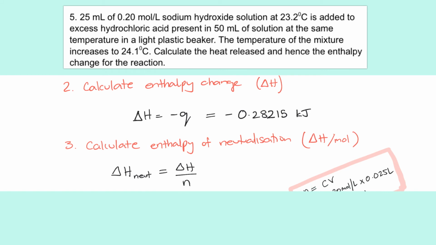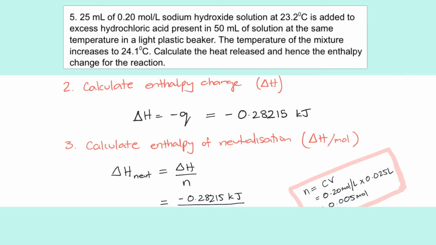The delta H of neutralisation is equal to the delta H, the amount of energy that has been created from this reaction, divided by the moles of the substance that has caused that change. Now we're going to be using the information from sodium hydroxide because we're told that hydrochloric acid is in excess, and therefore the amount of sodium hydroxide is what's going to limit the amount of neutralisation that's going to occur.